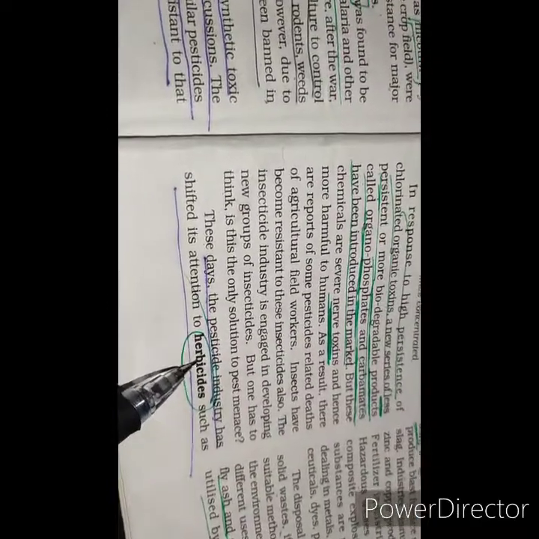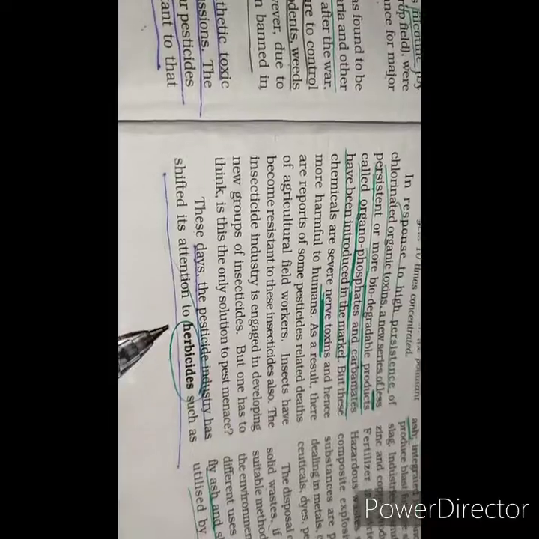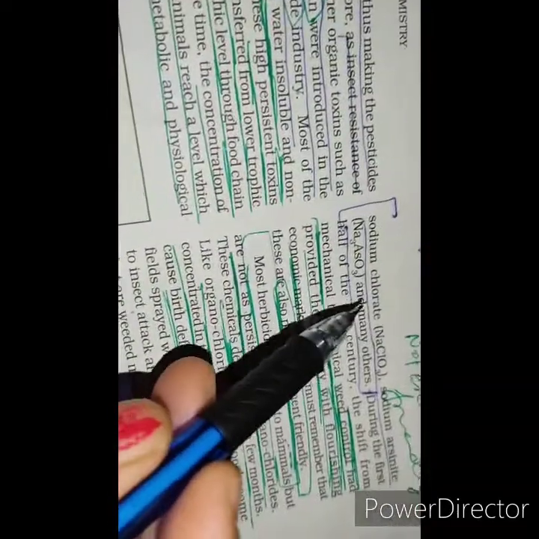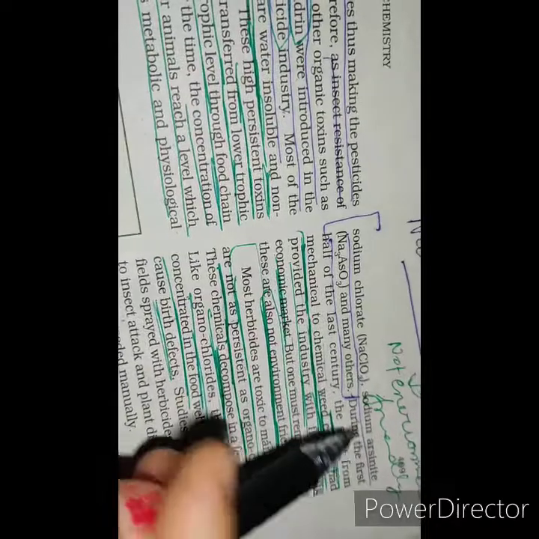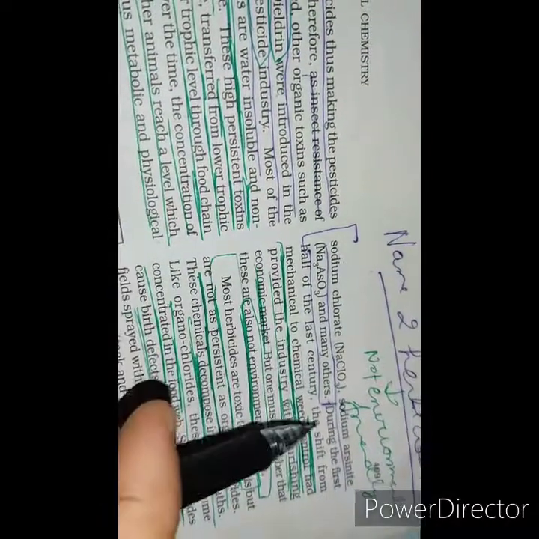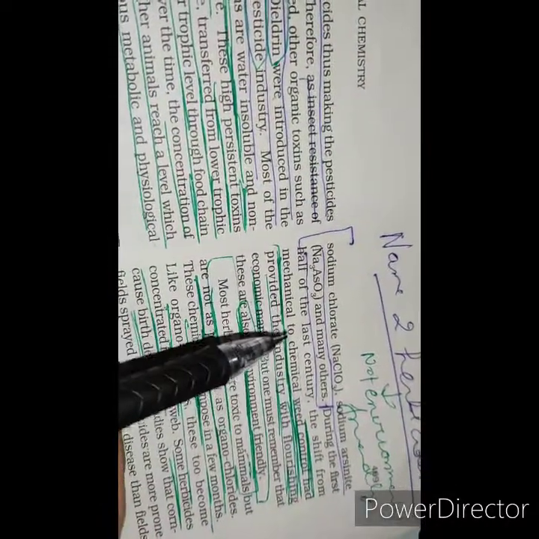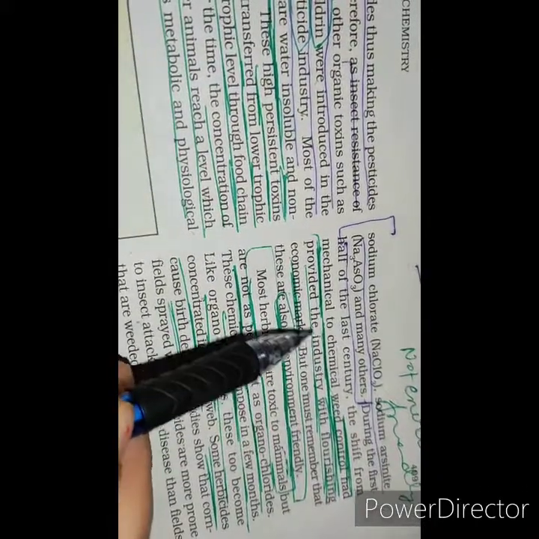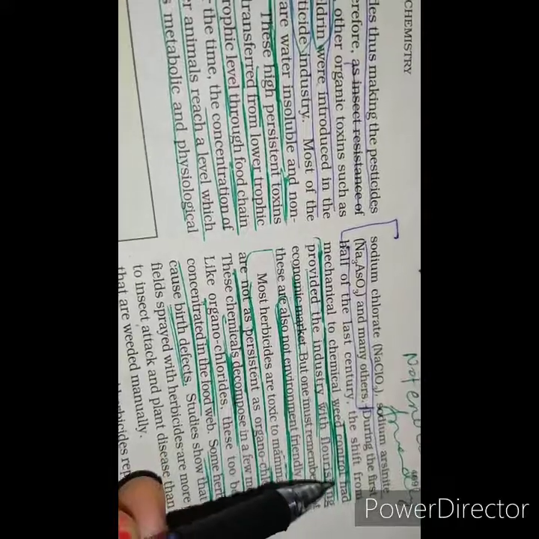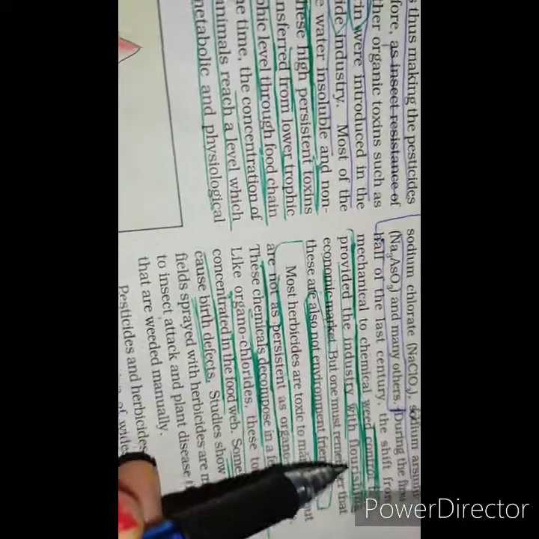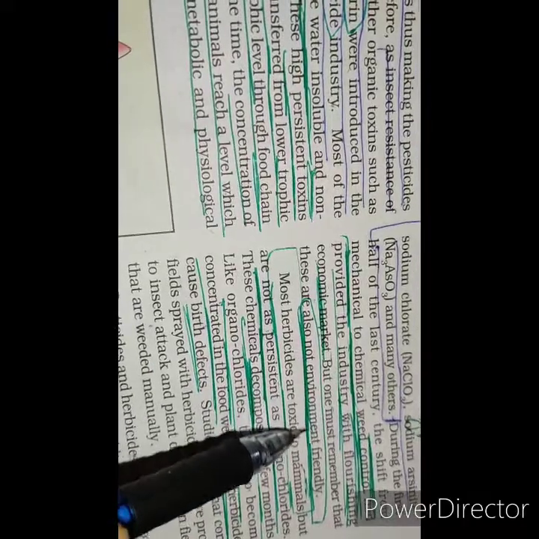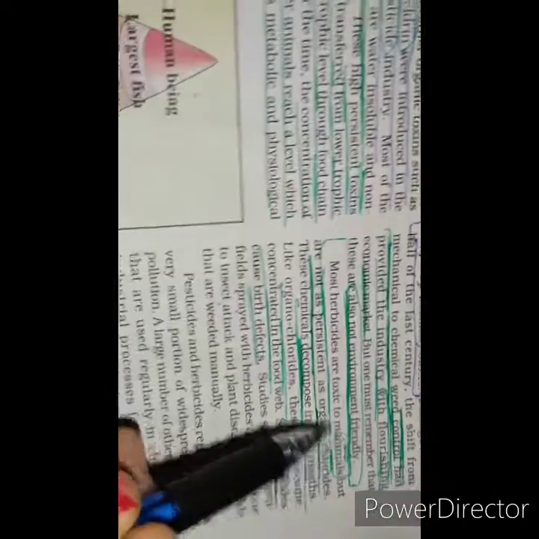Later on, the pesticide industry shifted its attention to herbicides such as sodium chlorate, sodium arsenite and many others. During the first half of the last century, the shift from mechanical to chemical weed control had provided the industry with a flourishing economic market, but they were also not environment friendly.